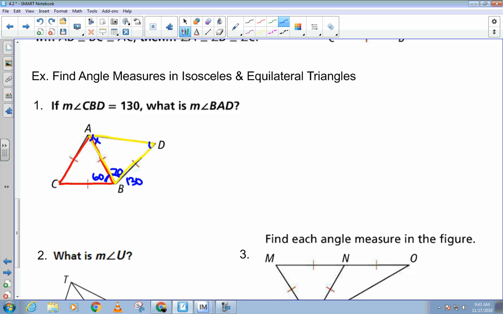So if this vertex angle is 70, I need to find out what these two are. So I'm going to take 180 minus the vertex angle. That gives me 110. Now that's 110 for both of those, because remember they're the same. So what would I do to find the one I'm looking for? Divide by 2, because there are 2 of them and they're the same. So each one of them is 55 degrees.